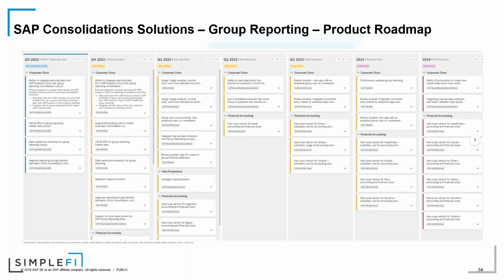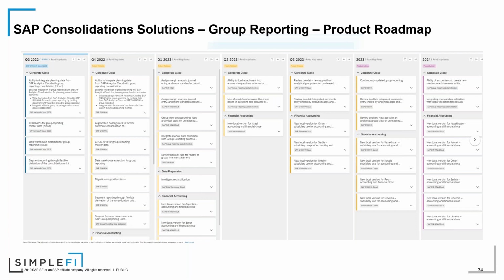We can see that in Q4 they're going to release it for the on-premise version, as well as some enhanced APIs for master data, data warehouse integration, and segment reporting through the flexible derivation and consolidation unit I mentioned earlier. All of those come in the Q4 release on the on-premise version, along with some additional enhancements for group reporting data collection.